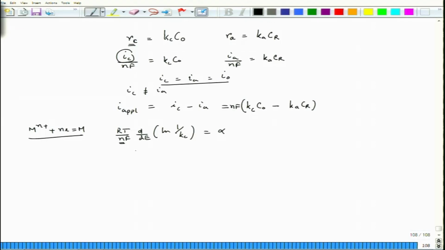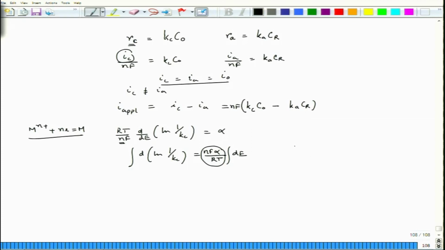Now, if I integrate this, d ln (1 by K C) equal to alpha nF by RT dE. Since these are all constants, this entire part is constant, so we are taking it out from the integration sign. And now we have to see the limit.